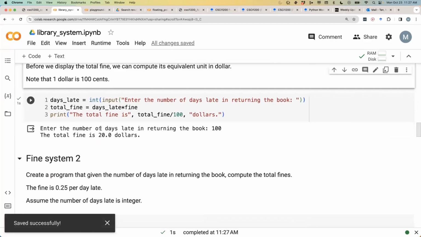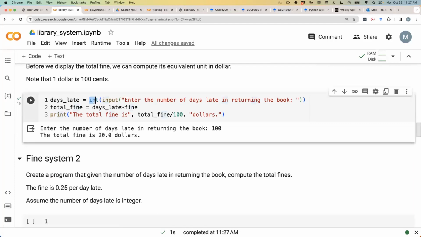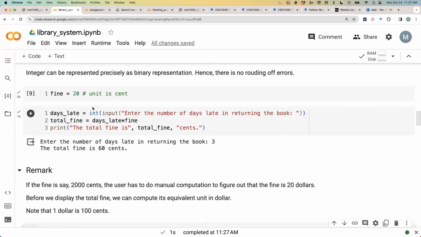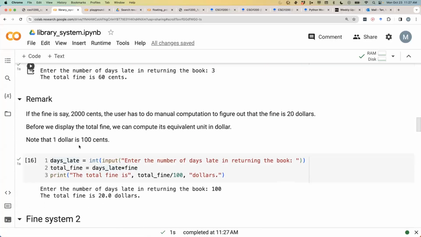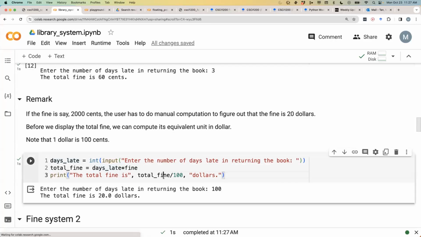So now we have a system that uses precise computation because everything is done in int. Because our fine is int, there's no rounding off error. And when we display the fine to the user, we compute everything still in int, but when we display to the user, we divide it by 100 to get it into dollars.